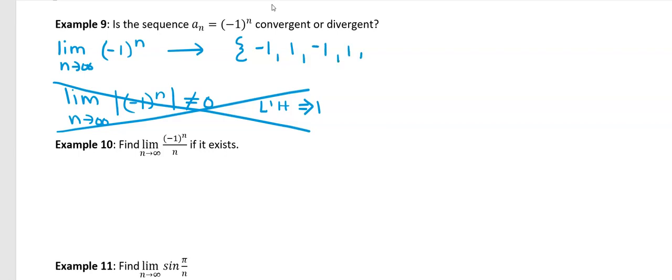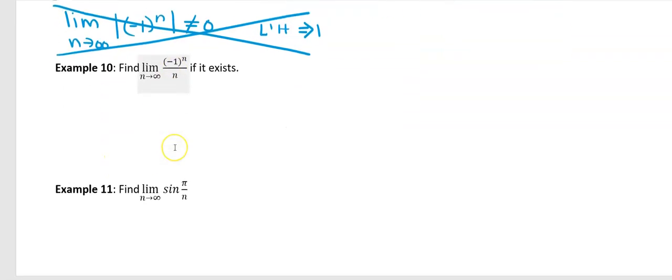I can see that this pattern is just going to continue. So unfortunately, this one would not converge, it would diverge, because it's truly going to go between -1 and 1 only. It's not going to choose one or the other to hone in on. And so we would say that this is divergent, or that it diverges.